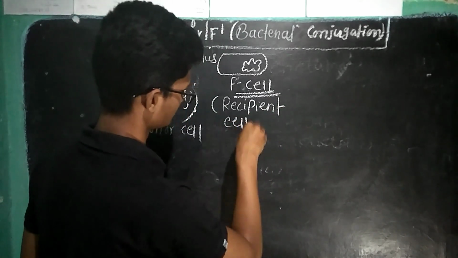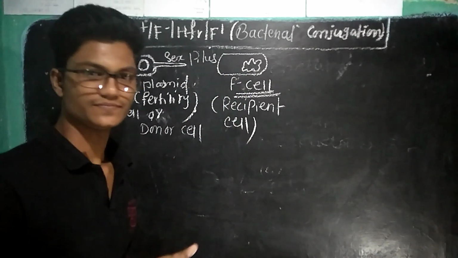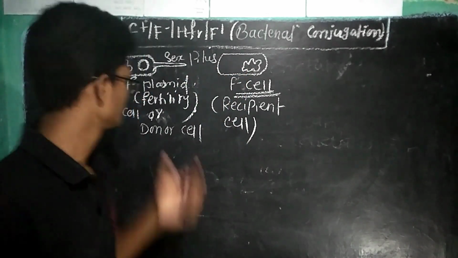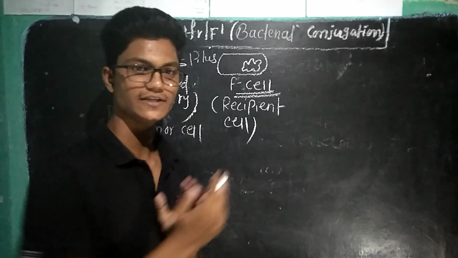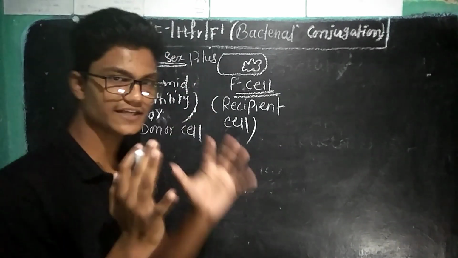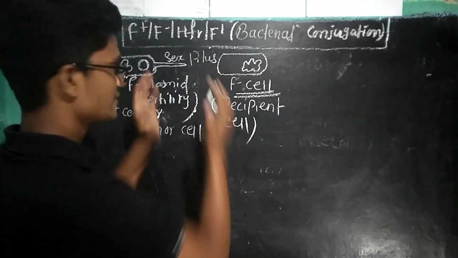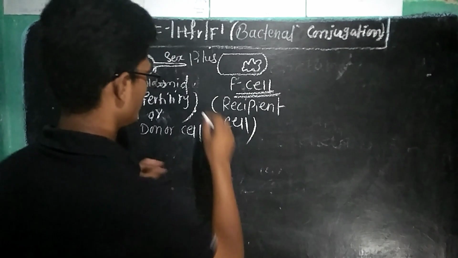Now the F plus cell interacts with the F minus cell with the help of the sex pilus, forming a connection between the two bacterial cells.